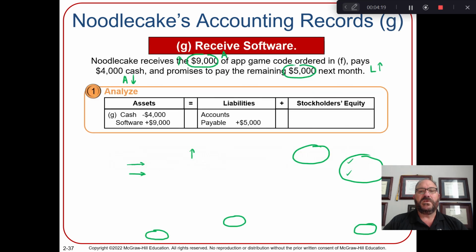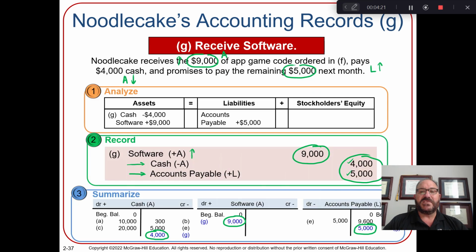Now they finally received that software: $9,000 for an app game code ordered, pays $4,000 in cash, and they're going to pay the $5,000 next month. So one asset is going to go up, one asset is going to go down, and their accounts payable is going to go up. The software is the asset they got, $9,000. That's the increase.